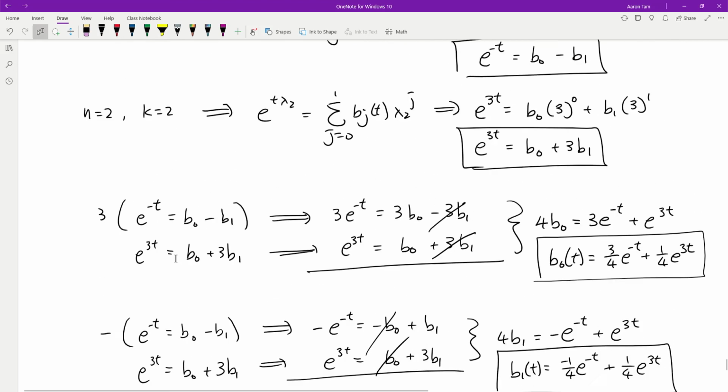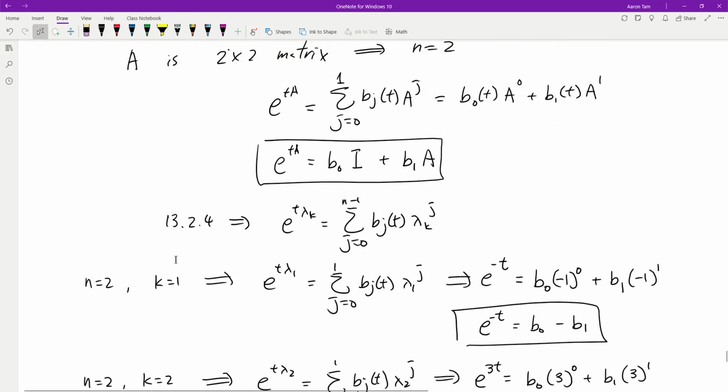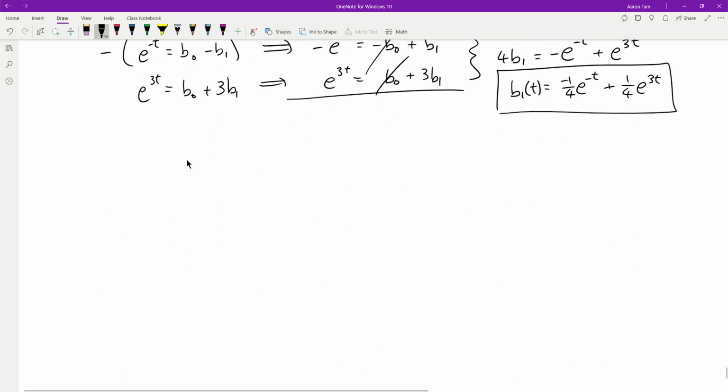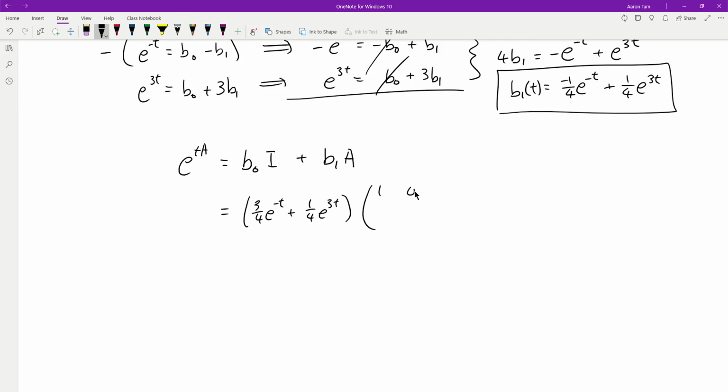So my formula is right here. e to ta equals b sub 0 times I plus b sub 1 times A. So that would equal b sub 0, which is 3 over 4 e to negative t plus 1/4 e to the 3t, multiplied by the identity matrix for 2 by 2, which is 1, 0, 0, 1, plus b sub 1, which is negative 1/4 e to negative t plus 1/4 e to 3t, multiplied by the matrix A, which is 1, 1, 4, 1.